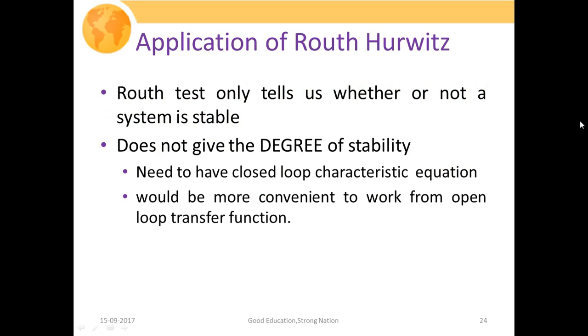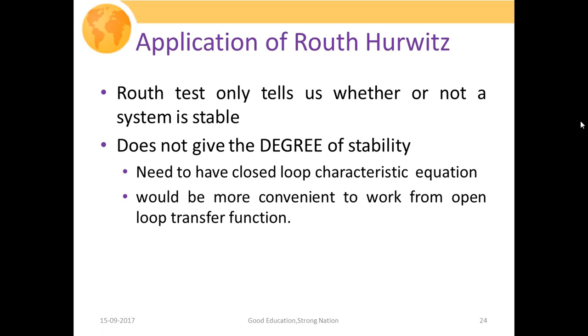So these are the applications of Routh-Hurwitz criteria. The Routh test only tells us whether or not a system is stable or unstable. We could simply say that a particular system is stable or unstable. It basically does not give any degree of stability.